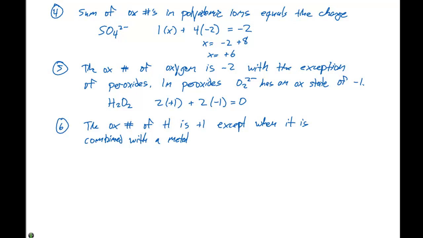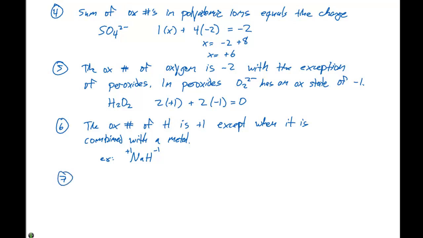So in all cases, with the exception of when it's combined with a metal, we have hydrogen having an oxidation number of +1. An example of the exception would be NaH, where sodium has an oxidation state of +1, and hydrogen has an oxidation state of -1.